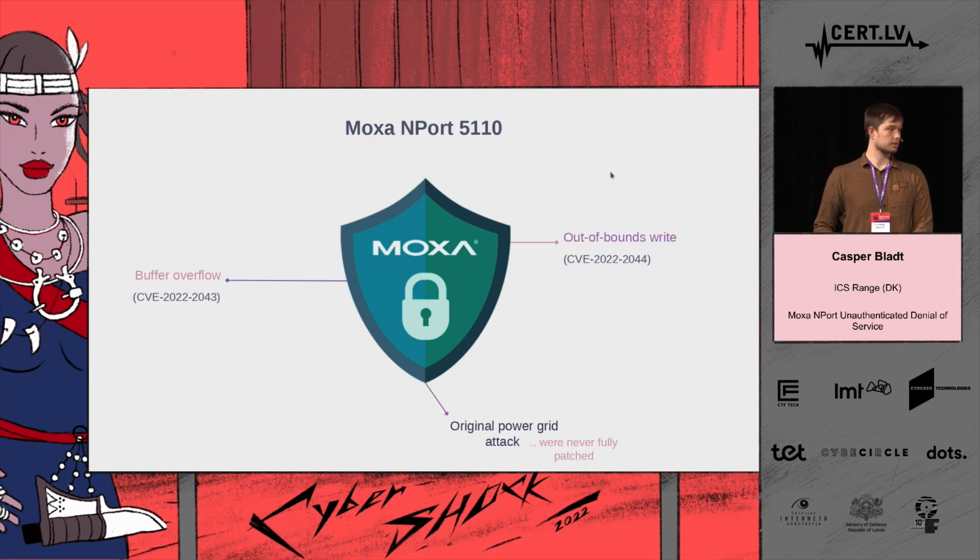Then I promised our dear Dr. B that I would provide some extra spice for this presentation that I haven't talked about before. And the thing is that a few weeks ago my colleague Jens realized that the attack that the Russians leveraged in the 2015 power grid attack, which enabled them to leak the whole configuration, was never fully patched.